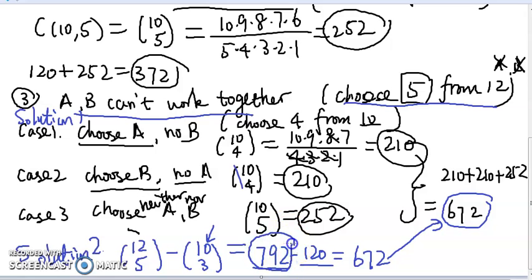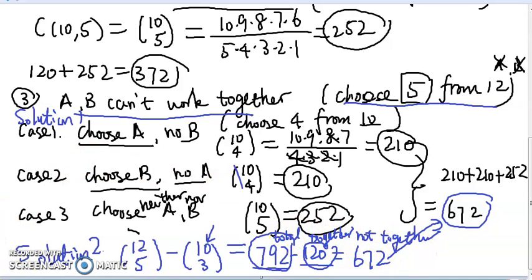This includes together and not together. So 120 is A, B together, and 792 is the total, including both. So when you subtract together from the total, you get not together.